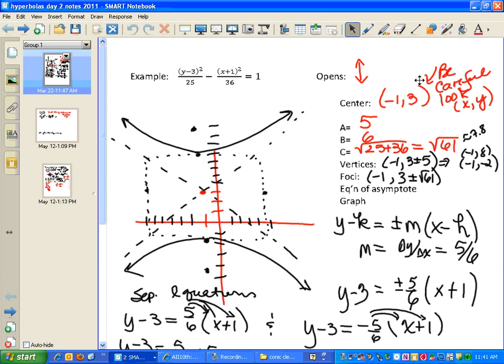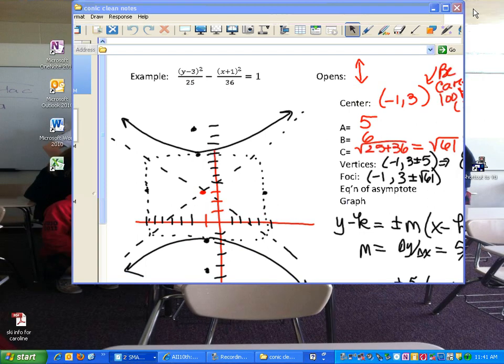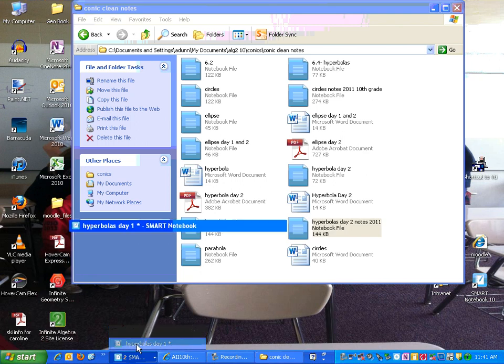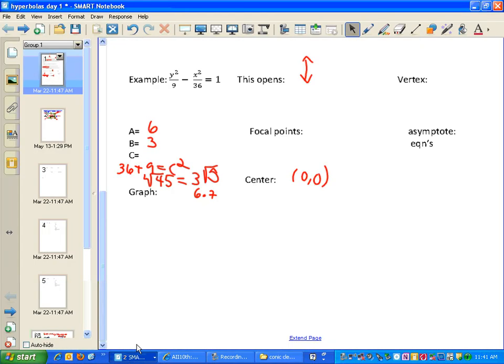Okay, I did this wrong. I said something wrong. I had to check. Sorry. Let's look at this. My A, sorry. My A is 3, and my B is 6. So A is always the first one, and B is always the second, no matter whether it's X or Y first.